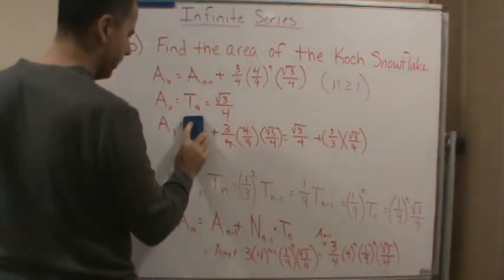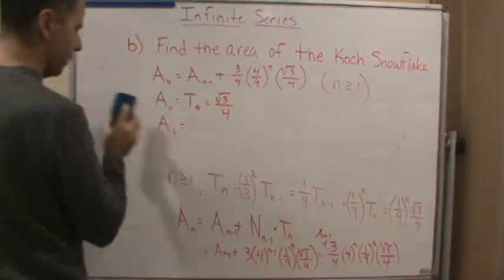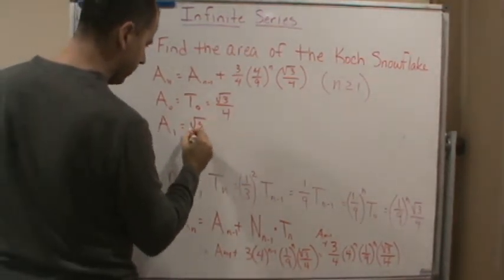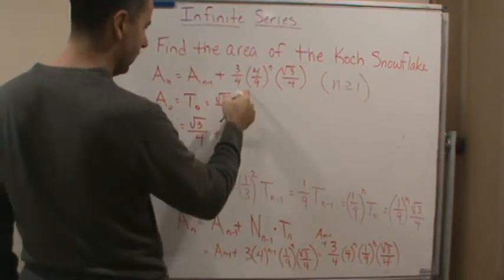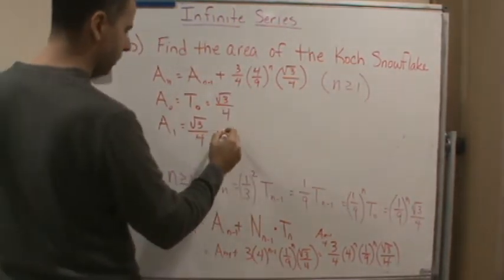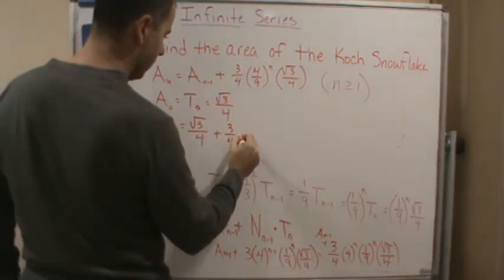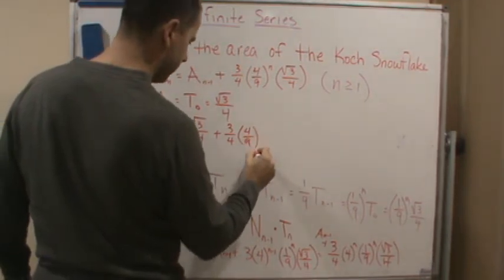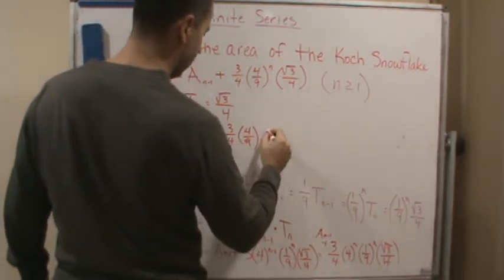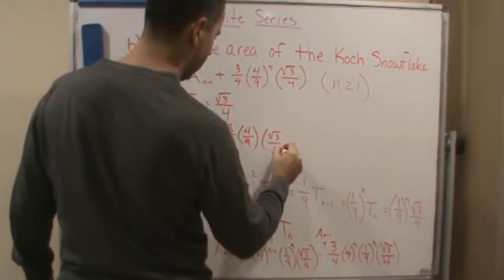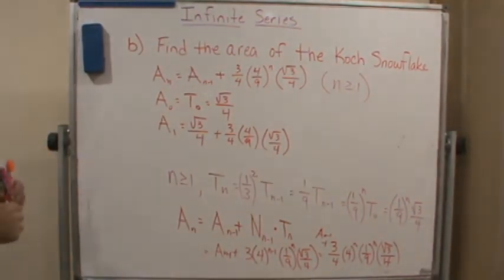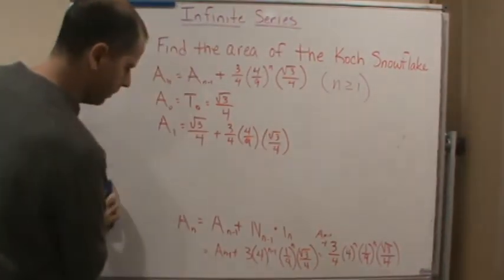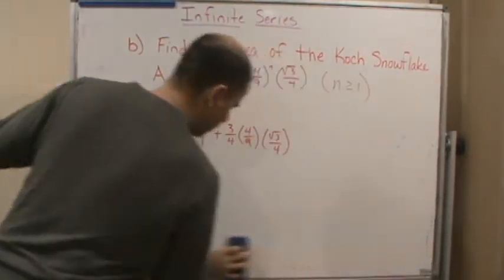Let's rewrite this, because I don't want to cancel things out, since we're going to miss information here. So this is going to be the square root of 3 over 4 plus 3/4 times 4/9 times the square root of 3 over 4. Let's keep going.